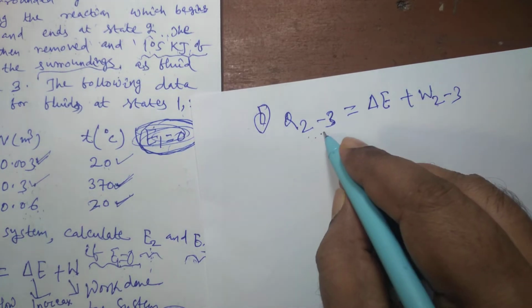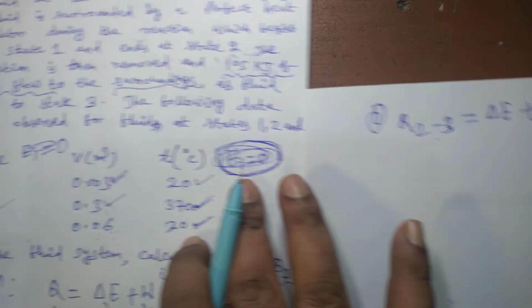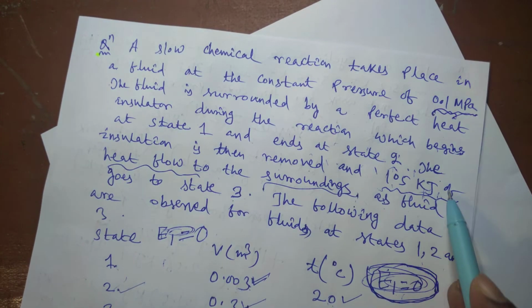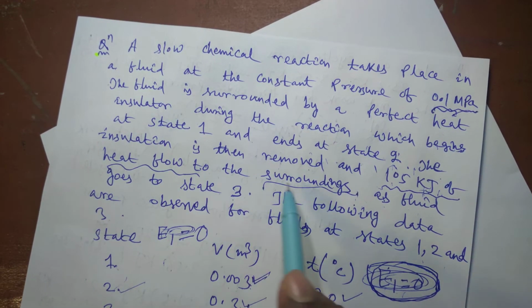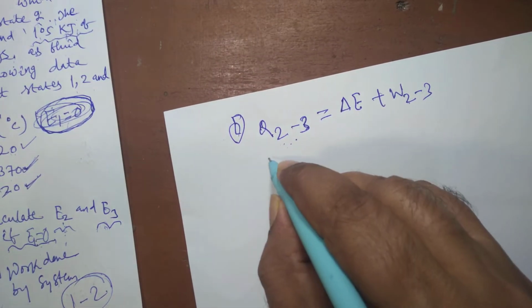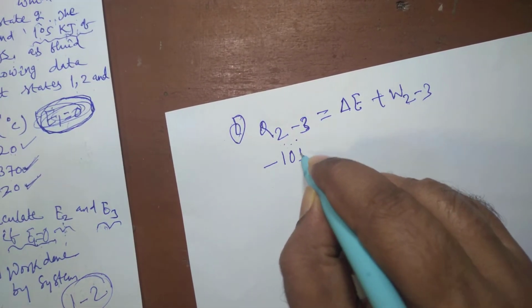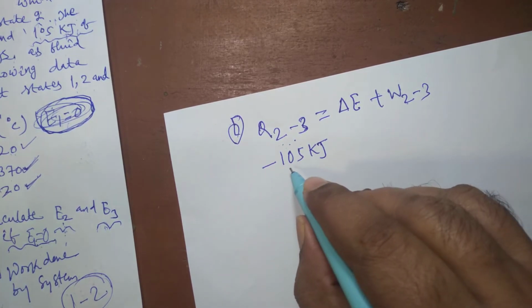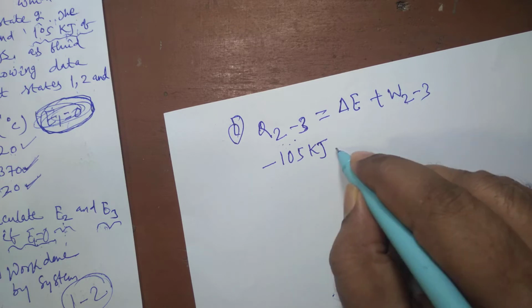Q23 is given in the question: the insulation is removed and 105 kilojoule of heat flows to the surroundings. That means Q23 will be minus 105 kilojoule, since heat is removed from the fluid to the surroundings.